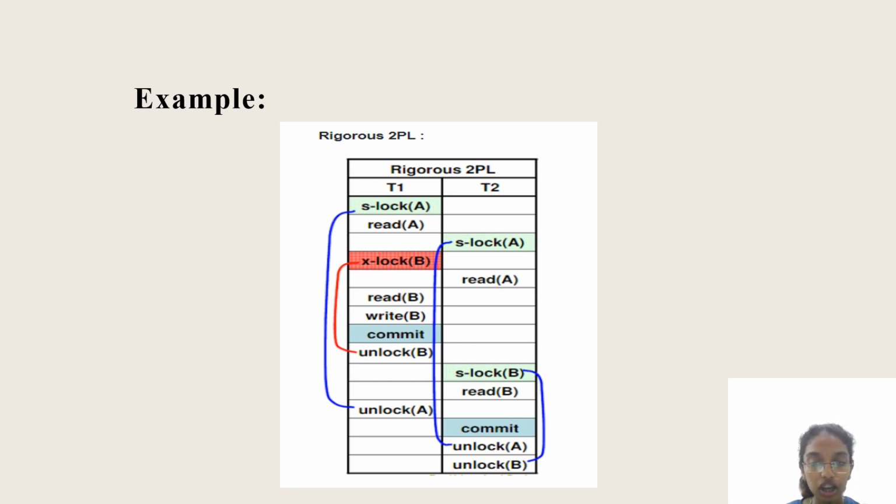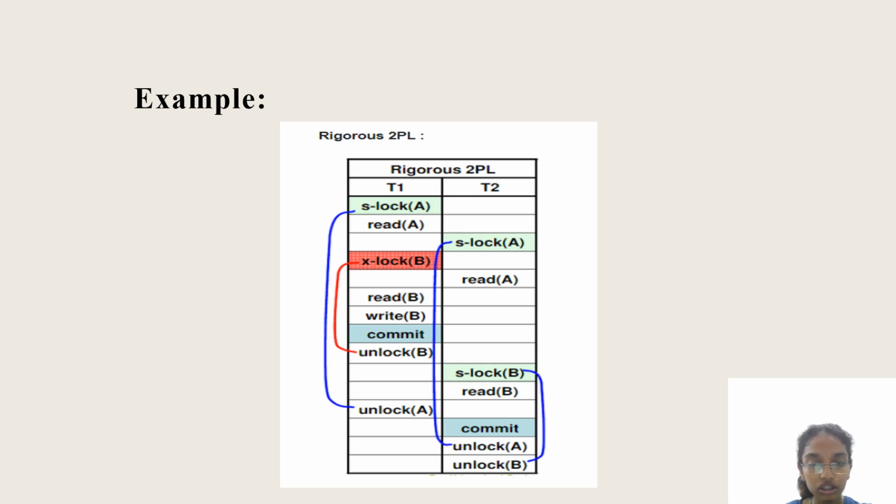T1 acquires a shared lock on A. T1 reads A. Thereafter T1 acquires an exclusive lock on B. Then T2 acquires a shared lock on A. Thereafter T2 reads A. Then T1 commits.